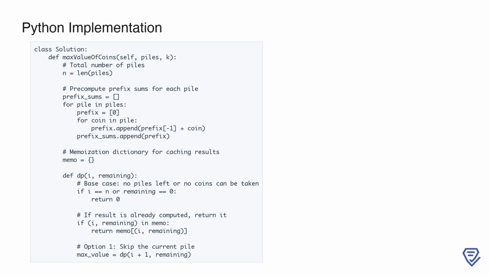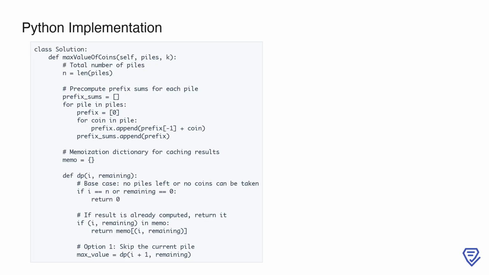Next, we initialize a memoization dictionary, memo, which will be used to store the results of subproblems and avoid redundant calculations. The main logic is implemented in a helper function, dp, that takes two parameters, the index of the current pile, i, and the number of remaining coins we are allowed to pick, remaining. Inside dp, the base case handles scenarios where either all piles have been processed or no coins can be taken.